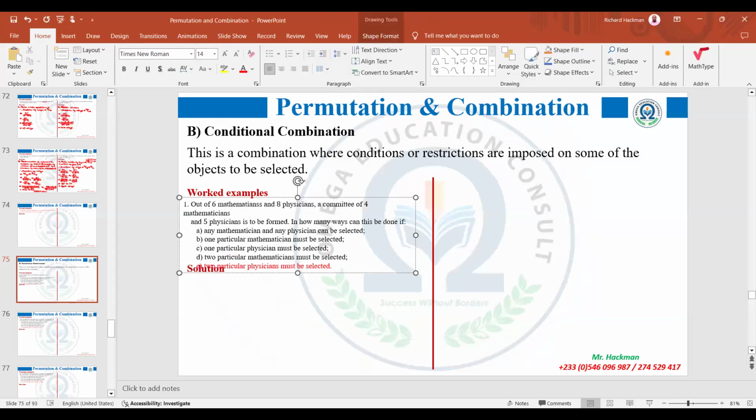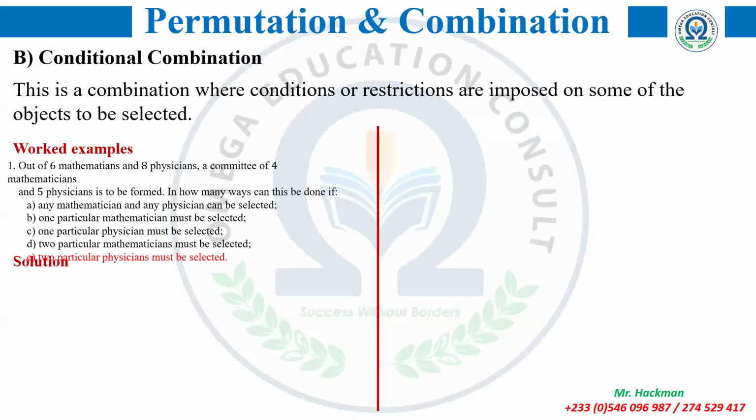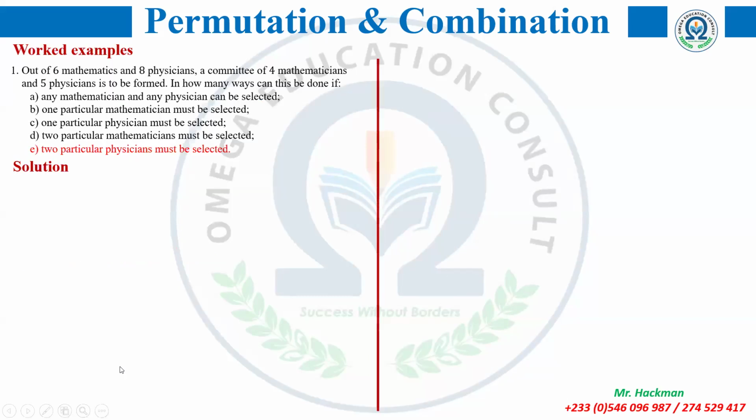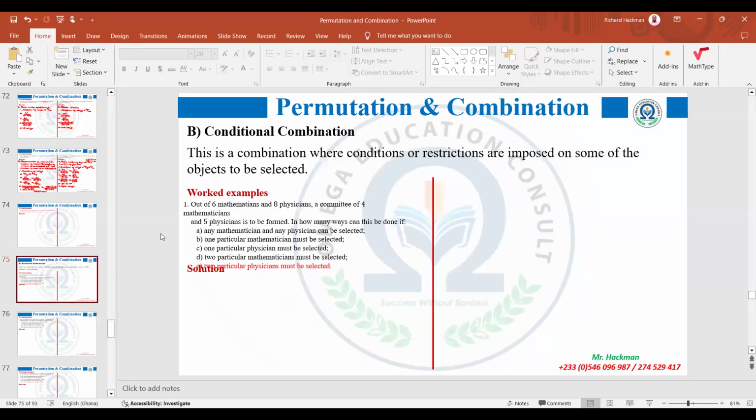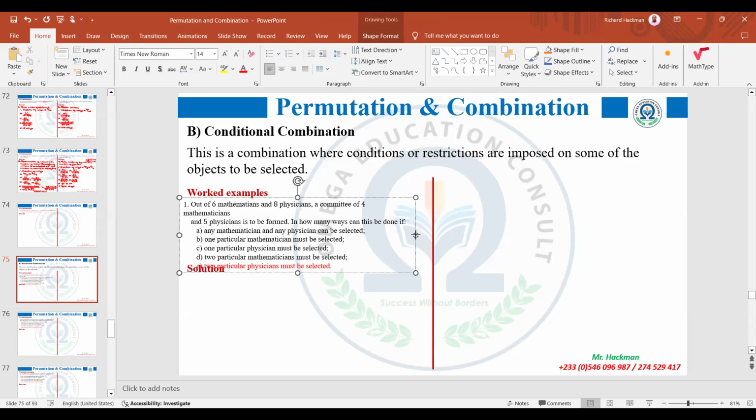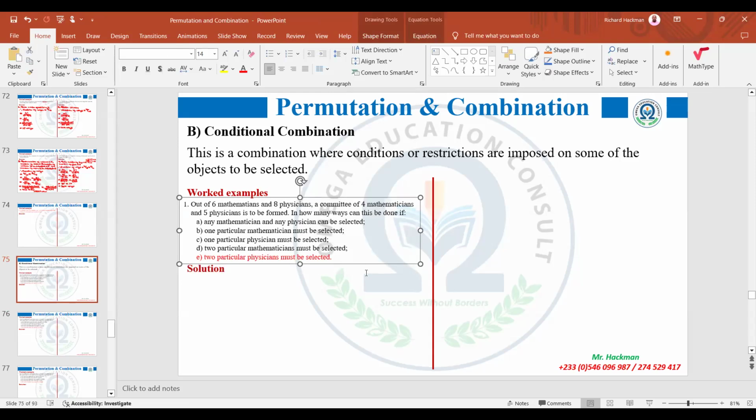Let me correct that. Because I tabbed, it has changed the orientation of what I have there, so let me fix that quickly. Forgive me. Let me extend it, so it's now back to normal. Thanks for your understanding.